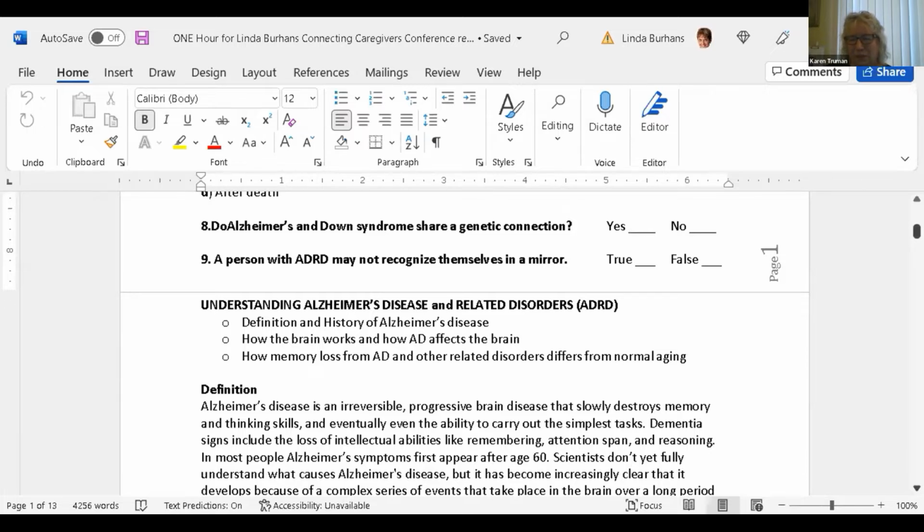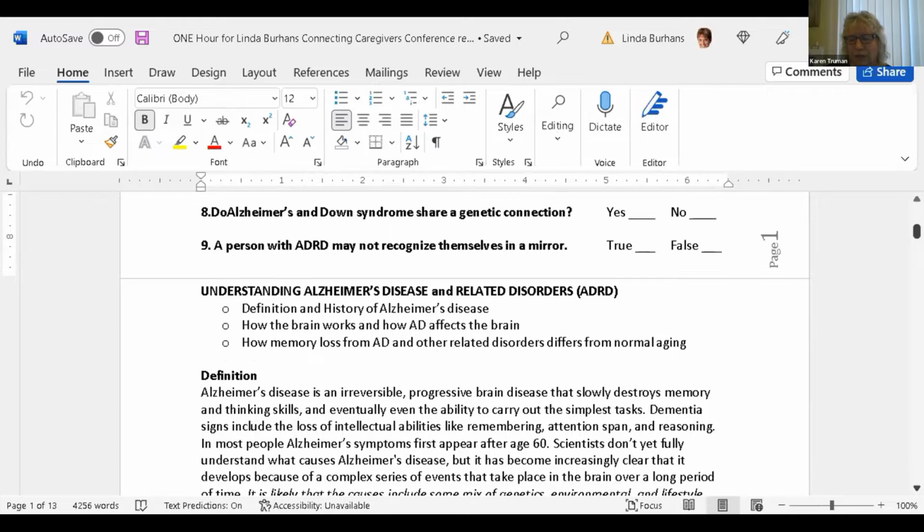So I always tell my facility people, make sure you take pictures of your residents every couple of months, because the longer they're with you, the more they're going to change. This disease changes them, and they're not able to take care of themselves like they used to. So it gets really complicated.